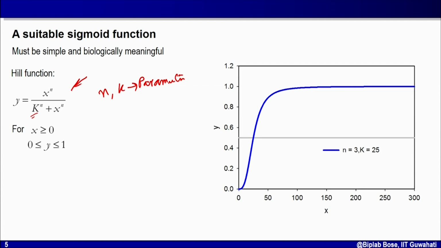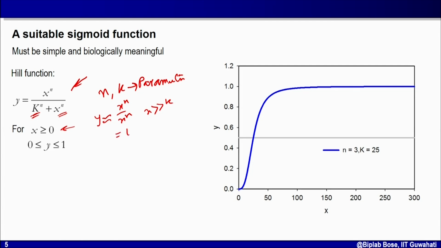If you look into this function, you can easily see that if x varies from 0 to any higher positive value, y will increase. Initially when x equals 0, obviously y equals 0, but as you keep on increasing x, y increases. Eventually when x becomes very large with respect to k, y becomes nothing but x to the power n by x to the power n, because x has now become very large with respect to k, so this becomes 1.